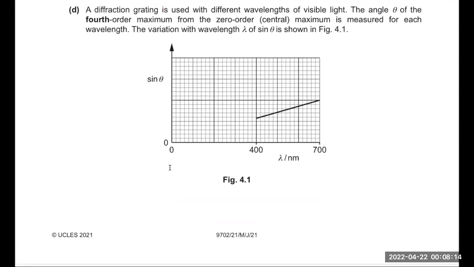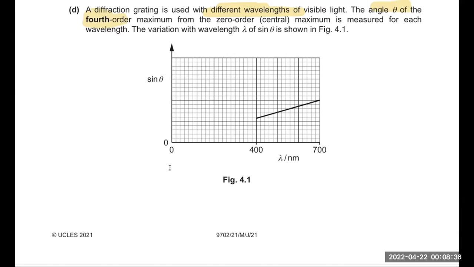Part D says a diffraction grating is used with different wavelengths of visible light. The angle theta of the 4th order maximum from the 0 order is measured for each wavelength, so the order is fixed.